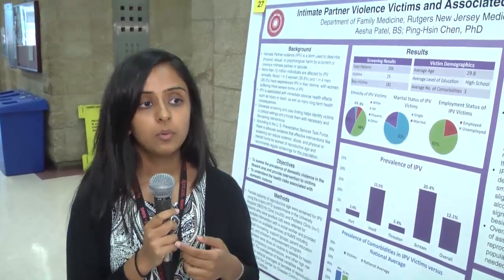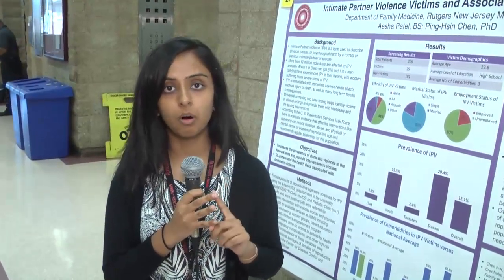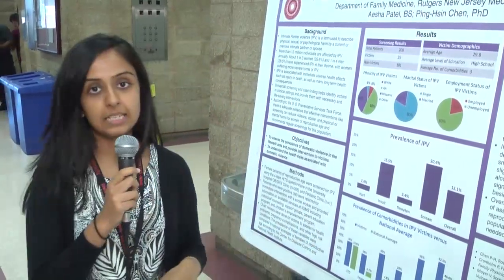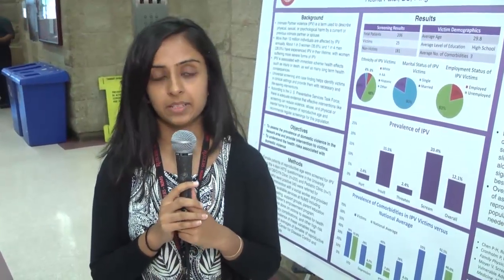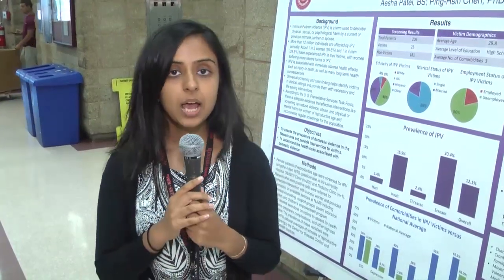And we looked at high-risk pregnancies, smoking, alcohol, PTSD, STDs and depression. And in those comorbidities, we found that victims of domestic violence have a higher prevalence rate in all of these than the national average.